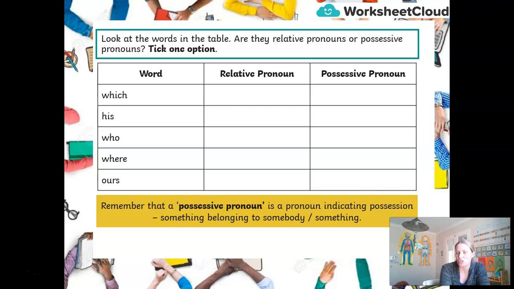It belongs to somebody or something. So, which is relative? His, possessive. Who and where, relative. Ours, possessive. Okay, this one obviously is a singular possession. It belongs to one male. This one is a plural possession. It belongs to more than one person.